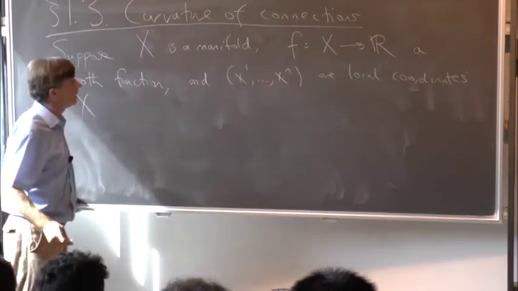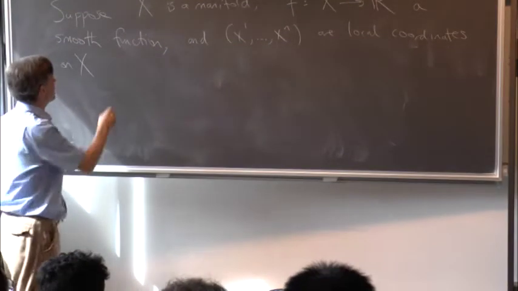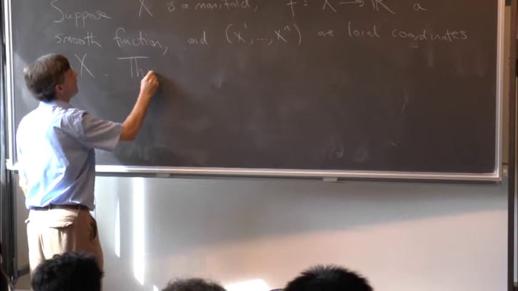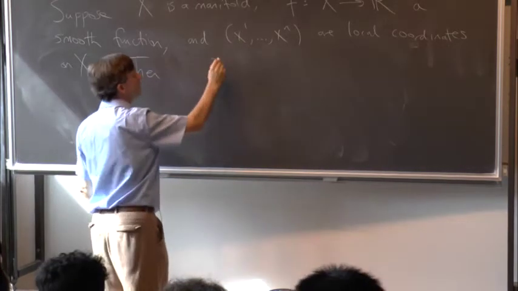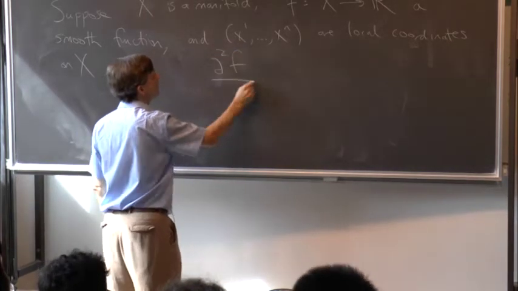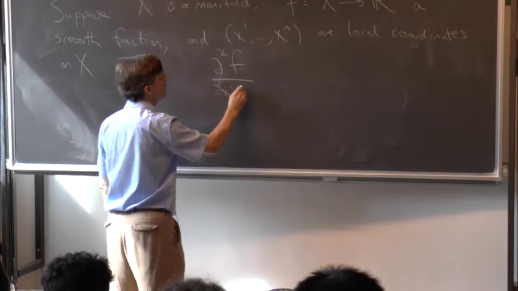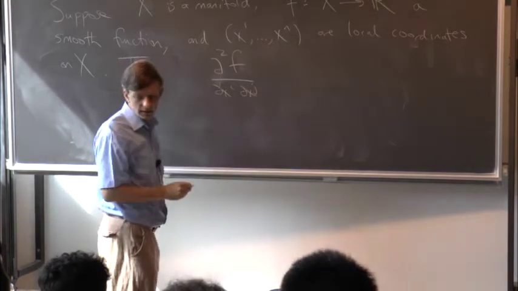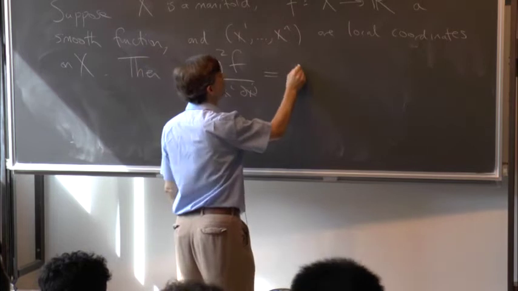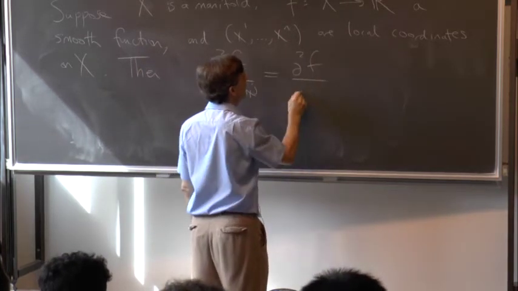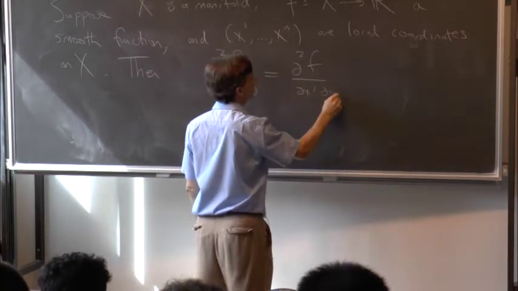So then, well, the second partial derivatives ∂²f/∂x^i∂x^j is equal to the second partial derivative ∂²f/∂x^j∂x^i.